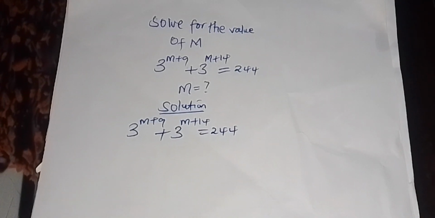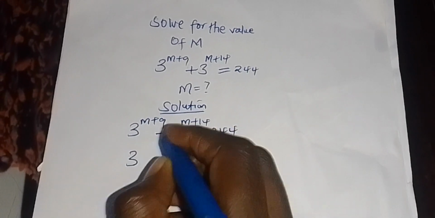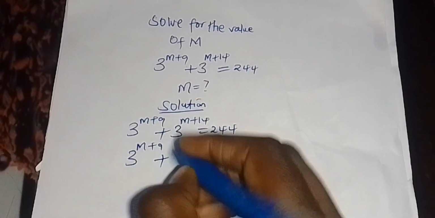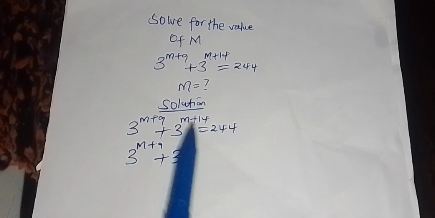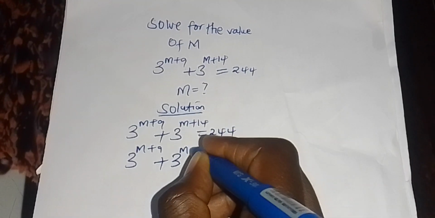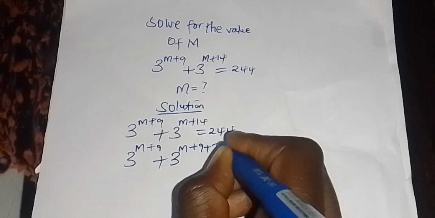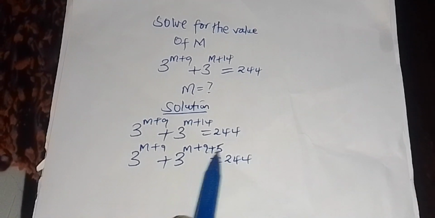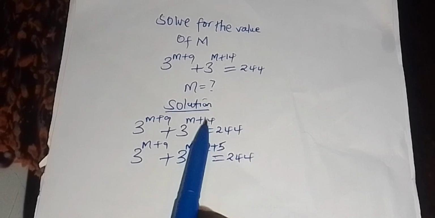Okay, so we proceed as follows. We'll have 3 raised to power m plus 9 plus 3 raised to power m. Now this 14 we can write it as m plus 9 plus 5. Okay, now if you say 9 plus 5, it's supposed to give you 14.